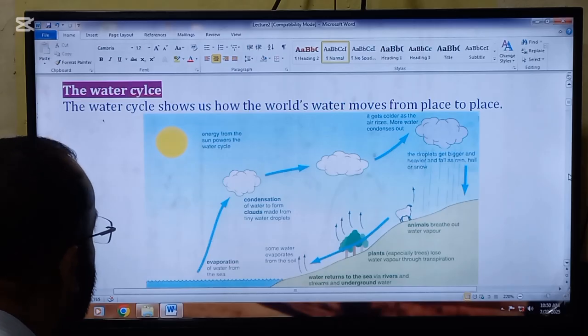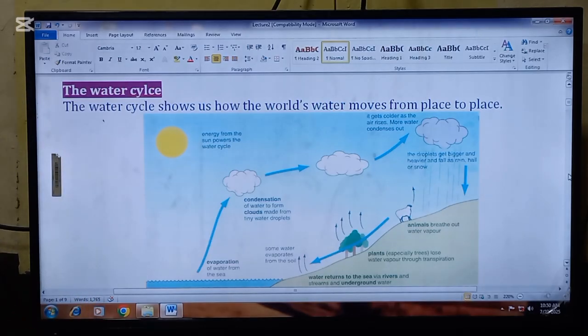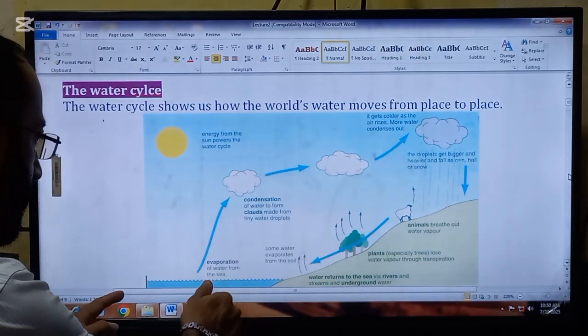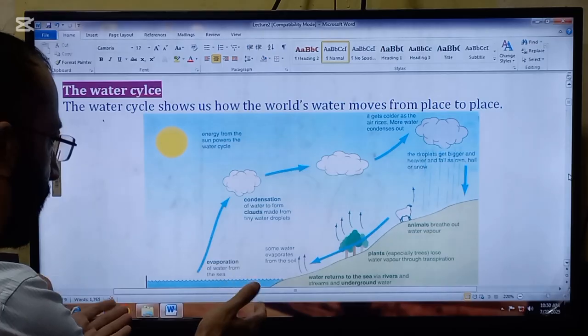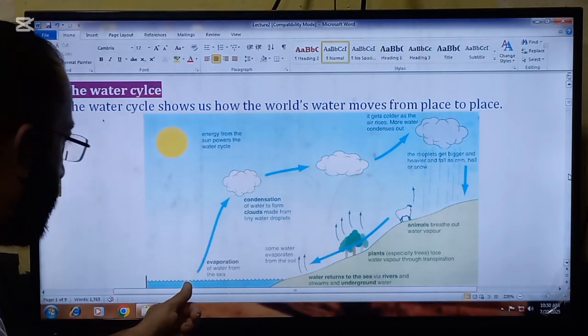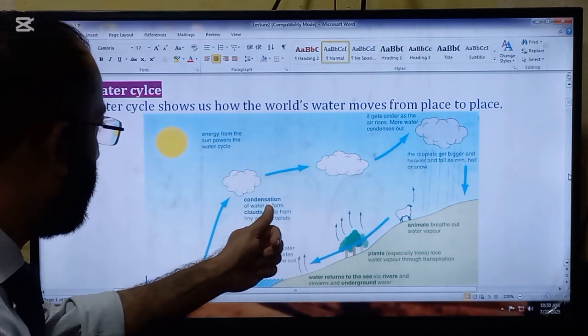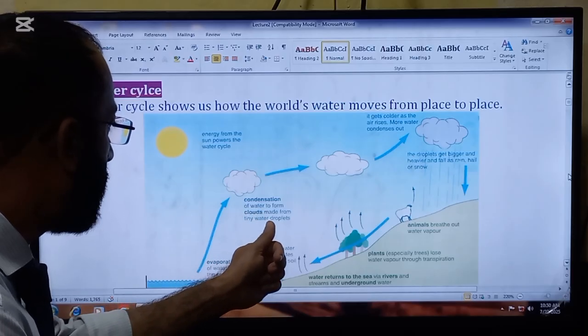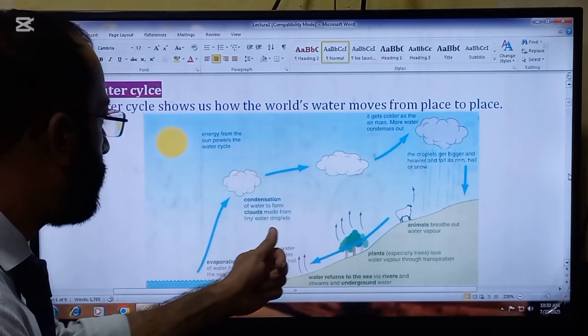The next thing that we are going to read is the water cycle. The water present in the seas and oceans evaporates because of the heat. When it is evaporated, it condenses to form clouds made from tiny water droplets.